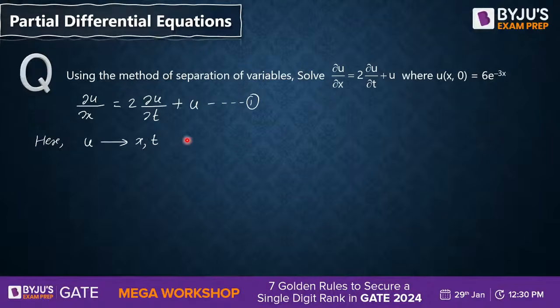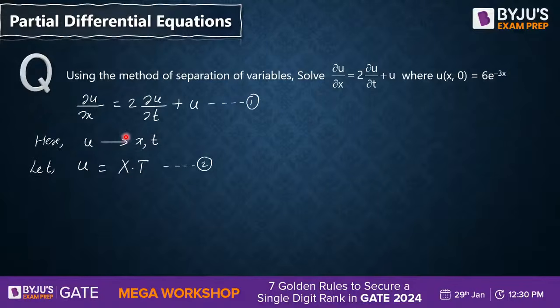Okay, so what we are doing, we are assuming u to be the product of capital X and capital T. Now what are this capital X and capital T? Capital X is a function of small x only and capital T is a function of small t only.